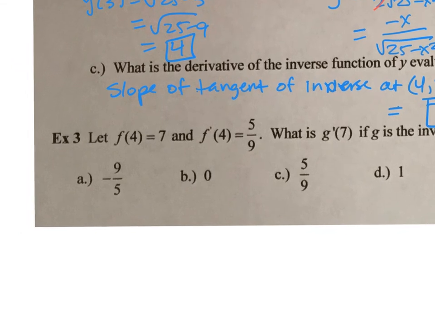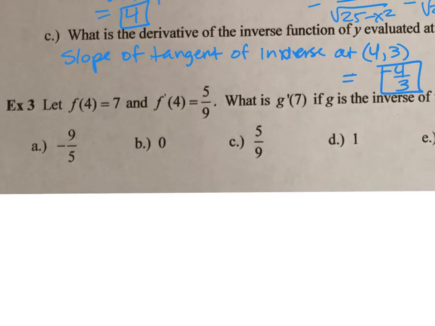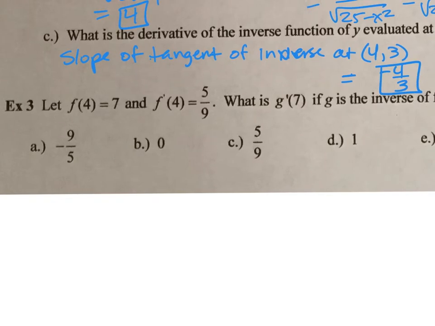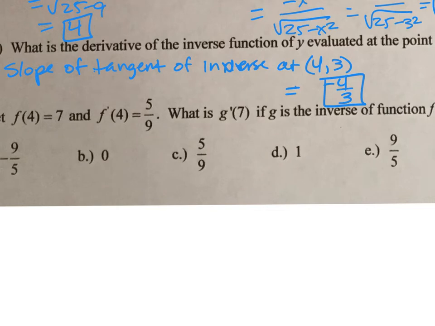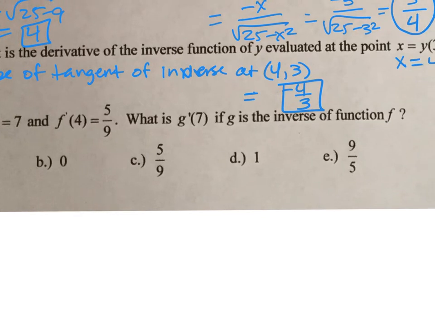Okay, let's take a look at the next example. The next example says, let f of 4 equals 7, f prime of 4 equals 5/9. Then we're being asked to find what is g prime of 7, when g is the inverse of function f?